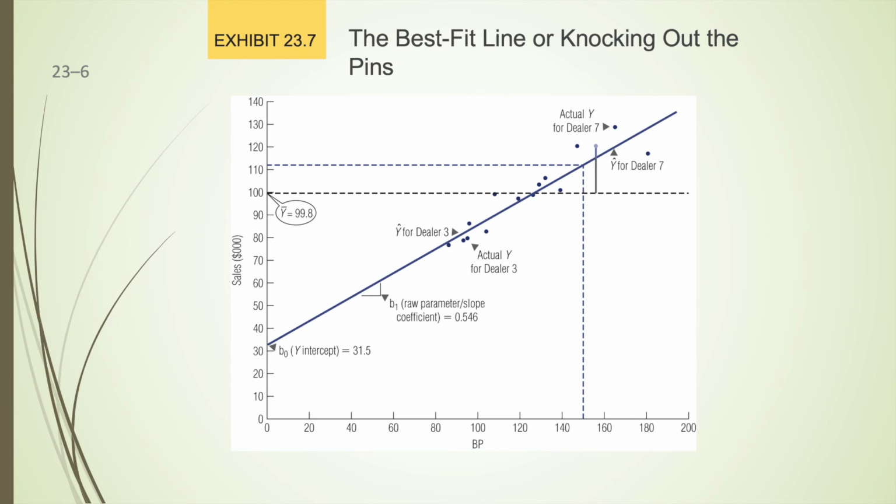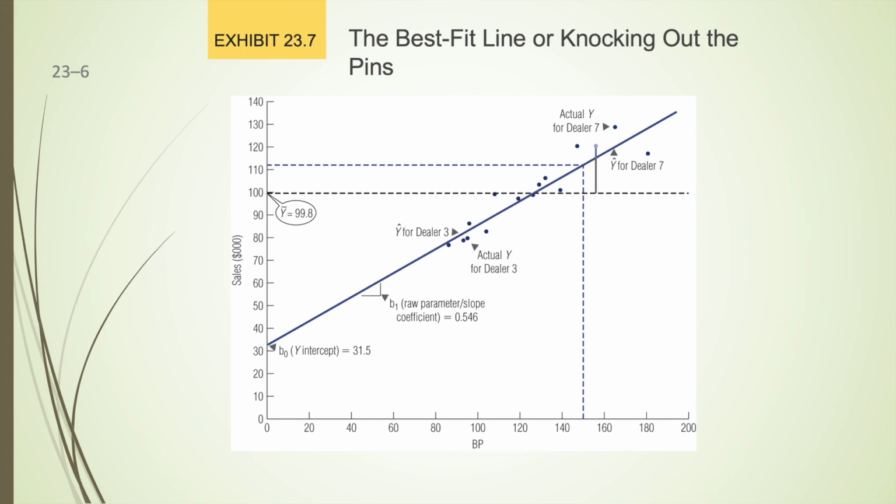And then once you do that, you see here the best fit line, knocking out the pins. So really what you're trying to do here is take a line, and in the midst of all of that, draw your line in the middle of it so that it is knocking out, or covering, the majority of those actual sales. So it's not very difficult, and then they give you the y-intercept and raw parameter slope coefficient.